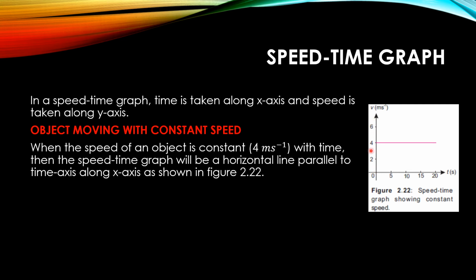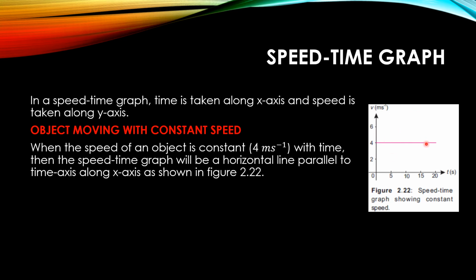As the speed is not changing with time, like 4, time is changing but speed is constant. So the speed is fixed. It means the body is moving with a constant speed.